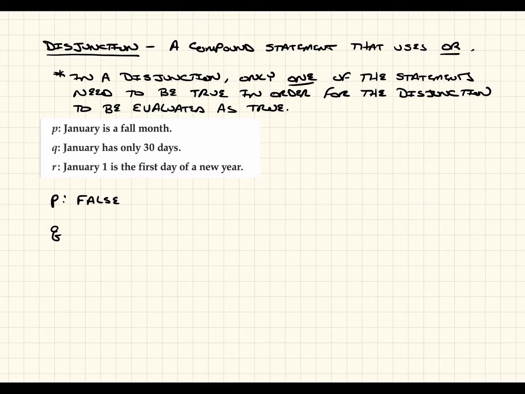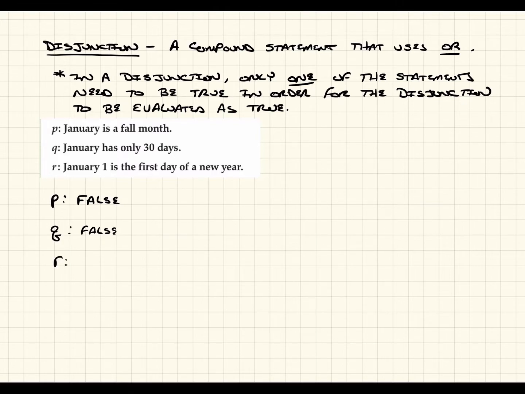Statement Q, January only has 30 days. Well, if you remember the little rhyme, 30 days of September, April, June, and November, all the rest of 31, except February. You know that January does not only have 30 days, it actually has 31 days. So that statement is false. What about statement R?